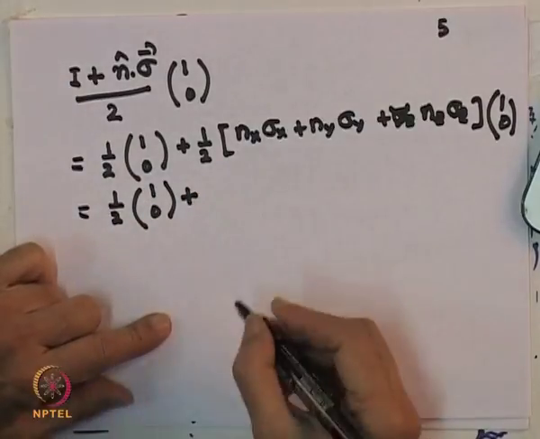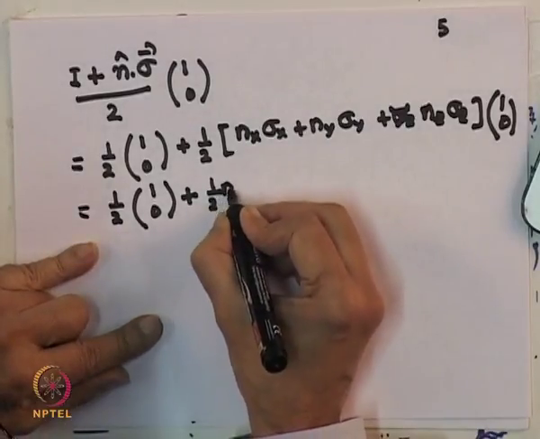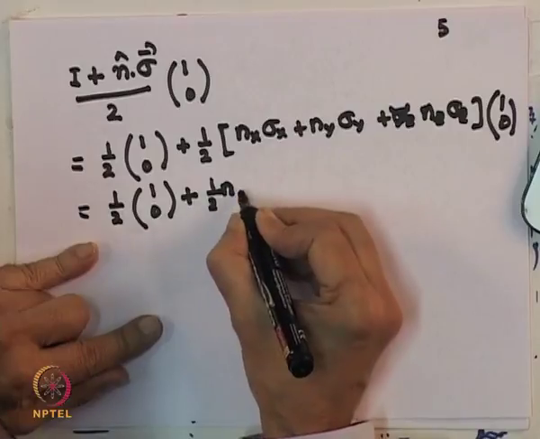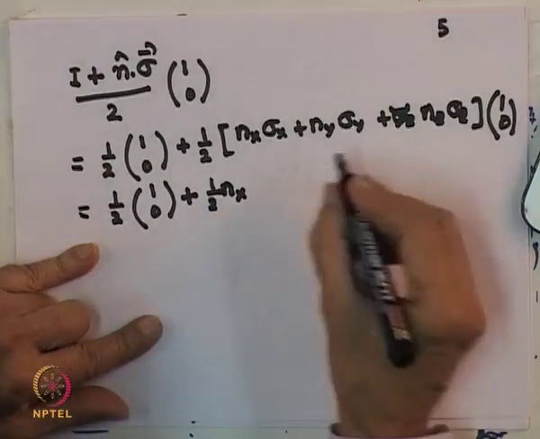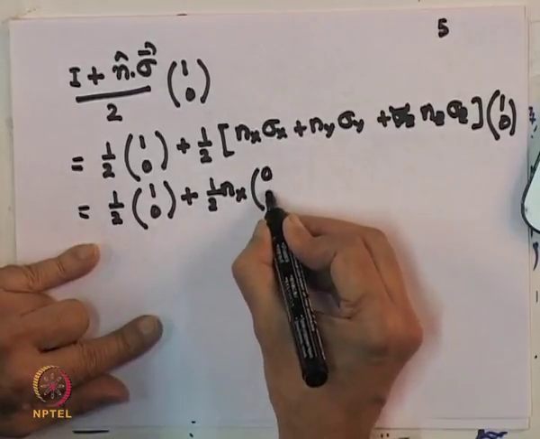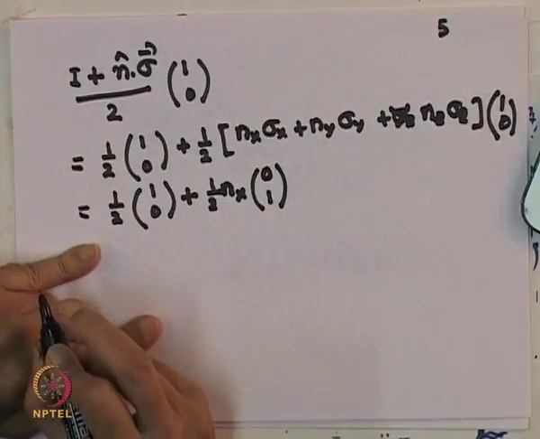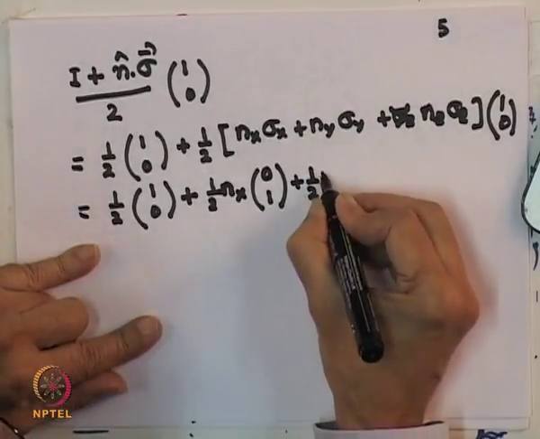Now what do I get here? Firstly, let me keep this nx operator as it is, sigma x, nx direction as it is, the component in the Cartesian direction. Sigma x operating on 1 0, I know just inverts it, that is, flips the qubit. Then I have half ny.